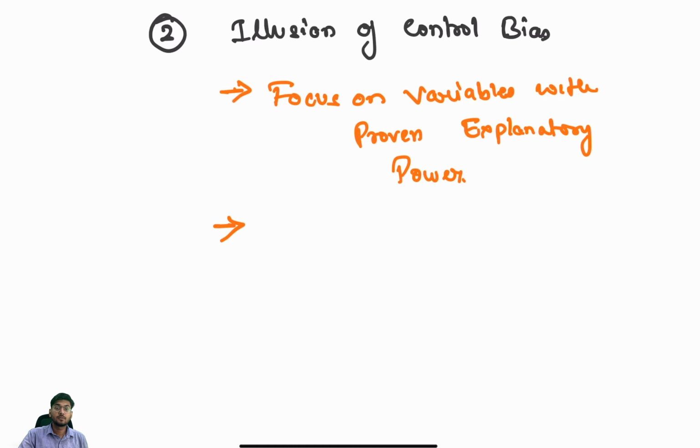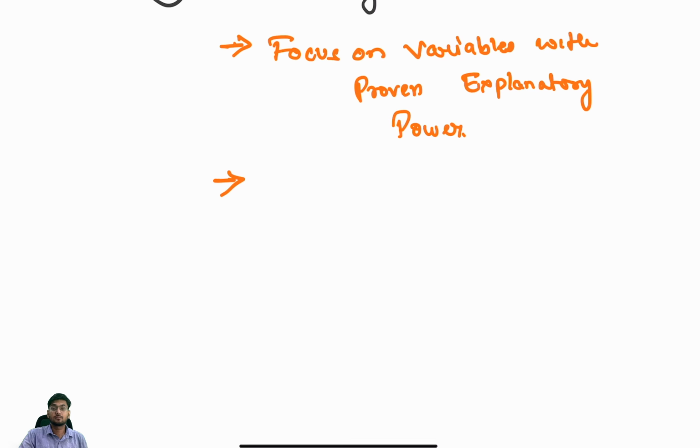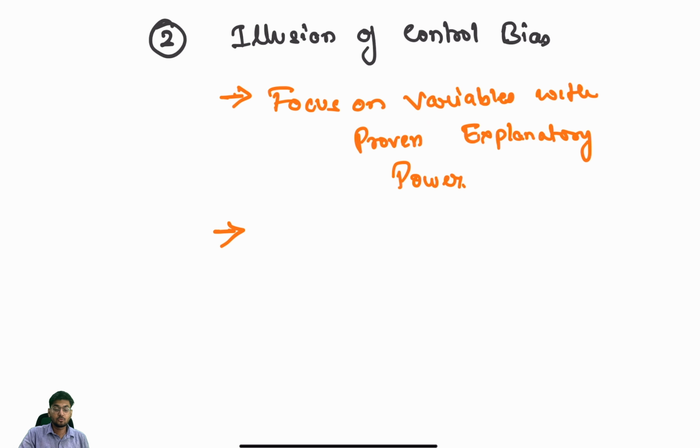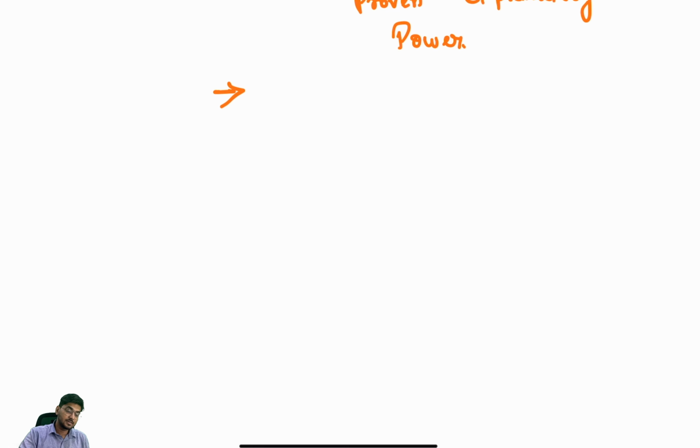Write down second, don't chase the complexity. Try to make your model as simple as possible. Clear? Sometimes less is more effective. Clear? These are the two ways you can control your bias of illusion of control. Clear? Now coming to the third bias.